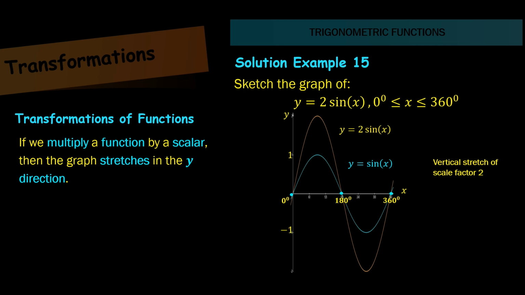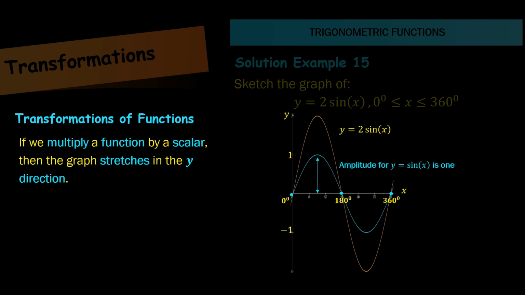Notice that the amplitude for y equals sin x is equal to 1. Amplitude is measured from the x-axis to the peak of the sine curve. The range for y is the set of y such that y is in the real numbers and y is less than or equal to 1 and greater than or equal to minus 1.